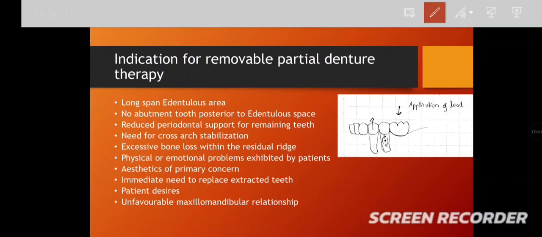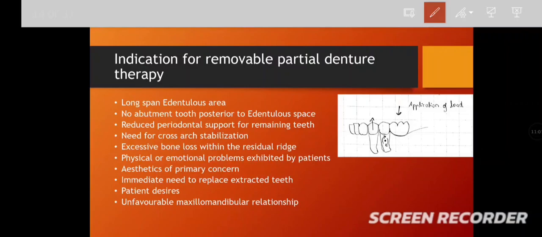Next, when there is no abutment tooth posterior to the edentulous space, then you can go with removable partial denture. And next, reduced periodontal support for the remaining teeth, where you can't give fixed partial denture.